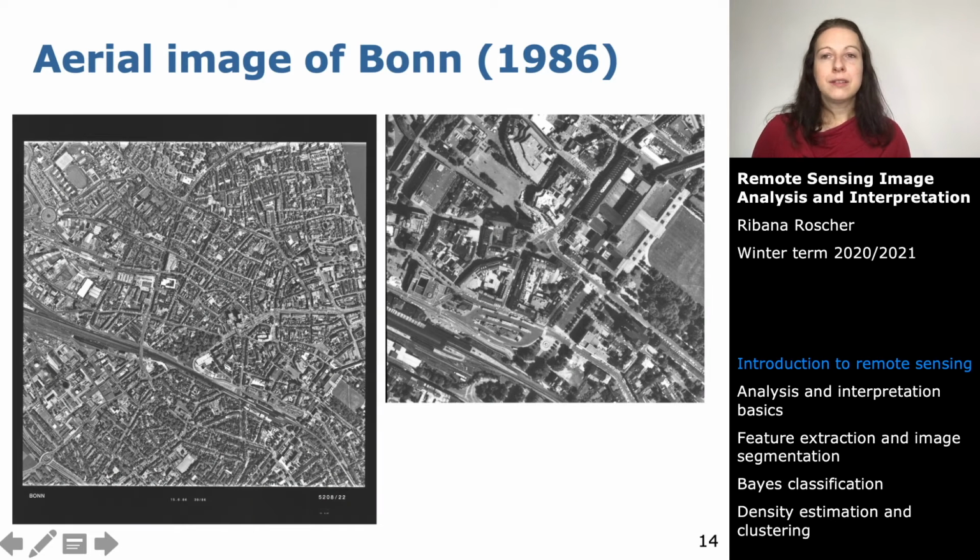So here you can see, for example, an aerial image of Bonn, which was taken in 1986. There are huge archives where these aerial photographs are collected, and it's quite interesting to have a look at how cities have changed over time. And you can see here it's not a color image, it's not RGB, it's a black and white image, but still.